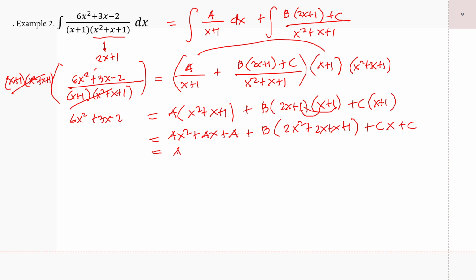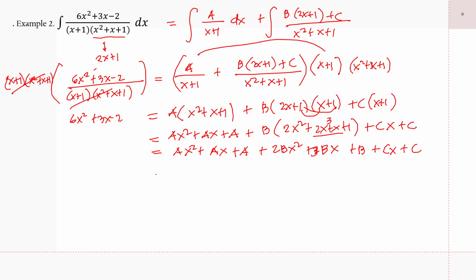So expanding, we have ax squared plus ax plus a, plus 2bx squared plus 3bx plus b, plus cx plus c.